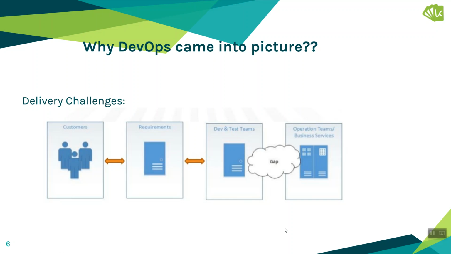So what you see in this slide is that there is a gap. What gap? We have two views, the development view and the operation view. Mostly the development team will say that their code doesn't have any issues. The operation team will say that there is some problem in the code, and because of that there are issues in the application.